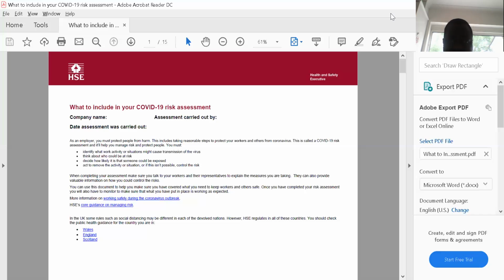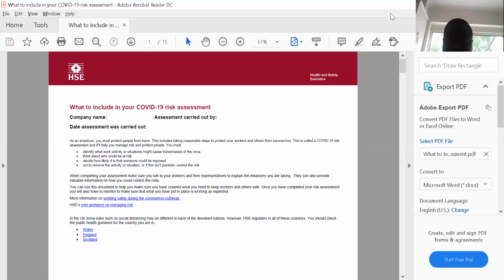The main heading level 1 is what's included in my COVID-19 risk assessment. Some of the features on there are the obvious ones when you do a risk assessment. You enter your company name, enter the date the assessment was carried out. And that's all the headers I've been able to find in terms of landmarks.